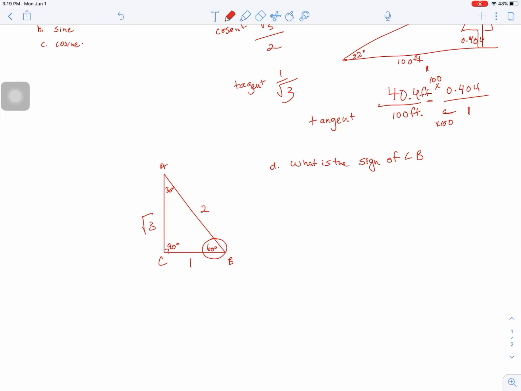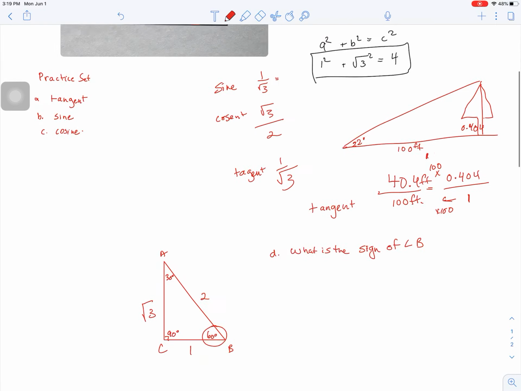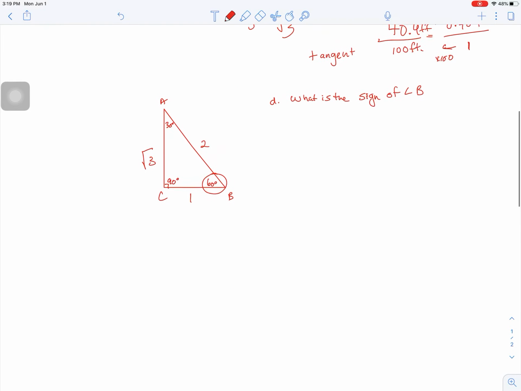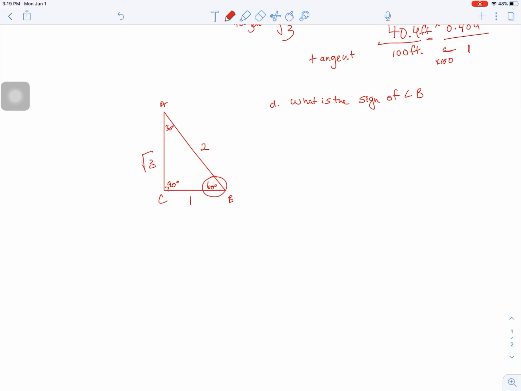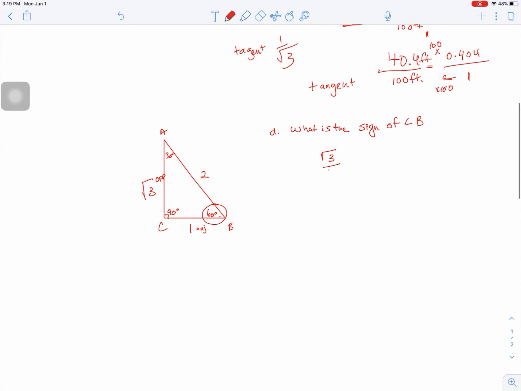So we're looking at B, we're looking at sine, which again is opposite leg over hypotenuse. So if we're looking at this one, here's your adjacent, there's your opposite. So your sine for B would be the square root of 3 over your hypotenuse, which is 2.